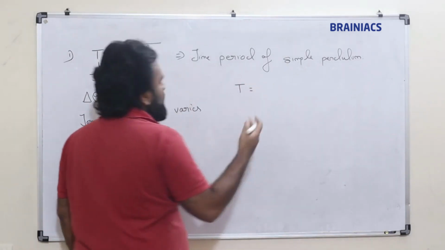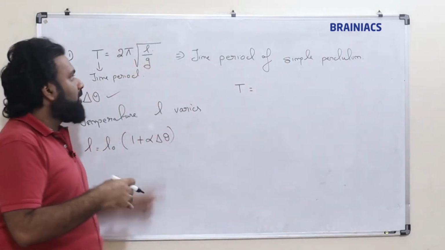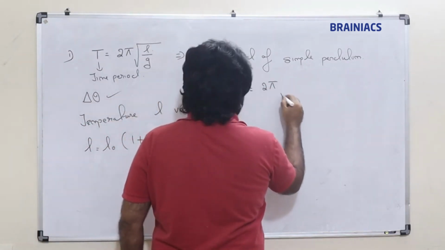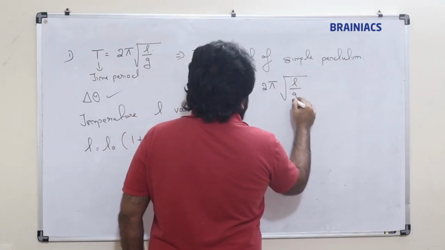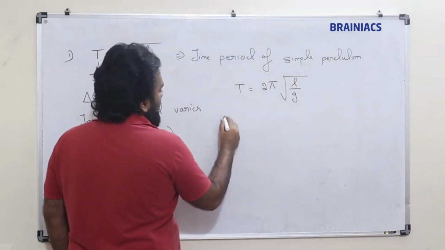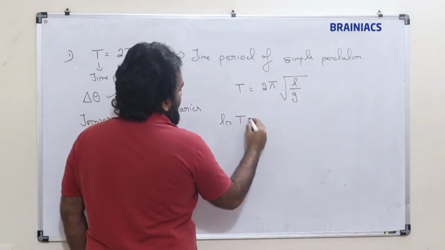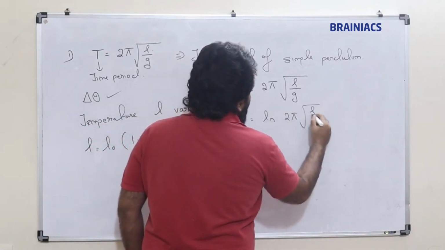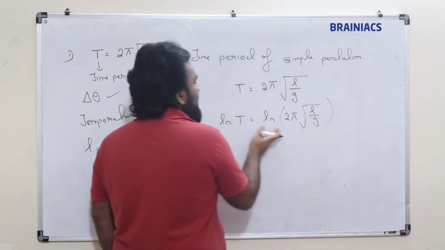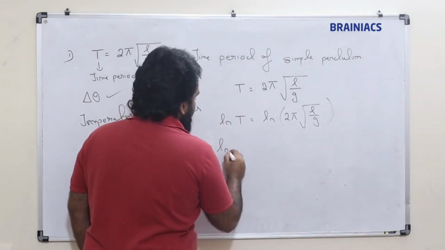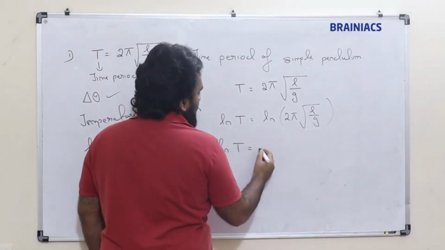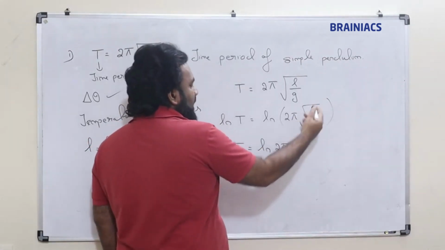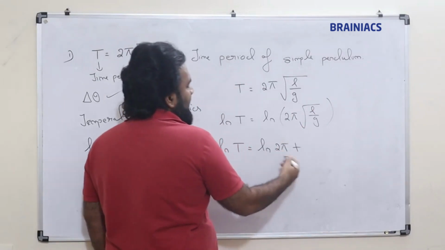T is equal to 2 pi into root of L by G. Taking natural logarithm, natural logarithm of T is equal to natural logarithm of 2 pi into root of L by G. Now natural logarithm of T is equal to natural logarithm of 2 pi, and when we multiply inside a logarithm, we can take plus.